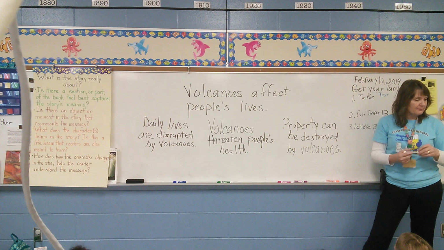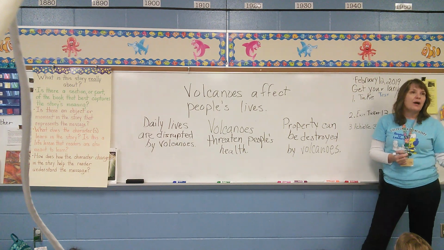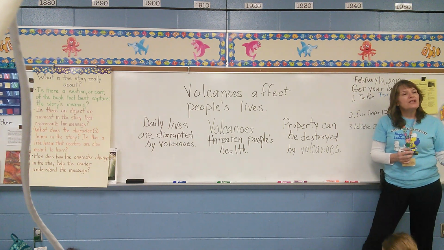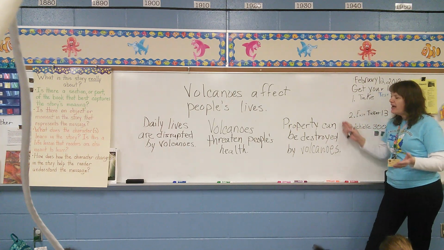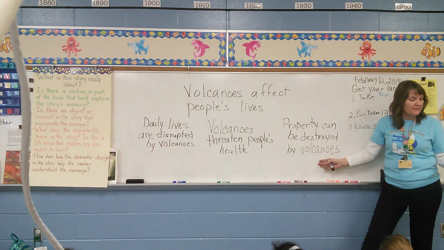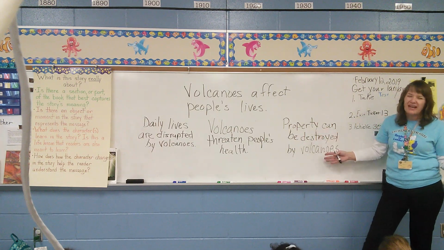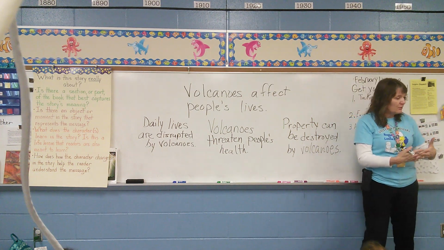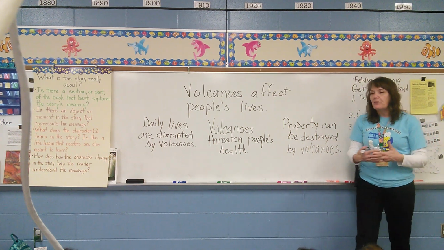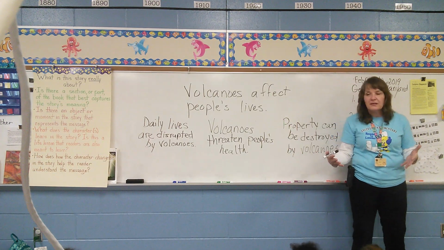Yes. How towns can be destroyed. Okay. Now, that's an interesting thing because having a whole town getting destroyed is definitely property. It's not necessarily, and it is, I guess, technically it is people's property because you own it as a community. Okay. And it would affect your life if that happened.